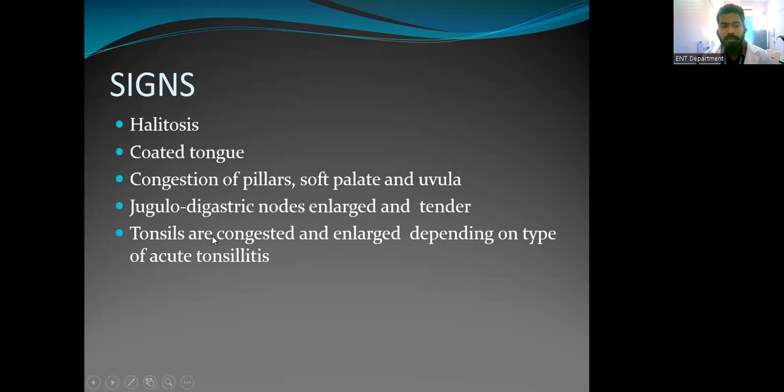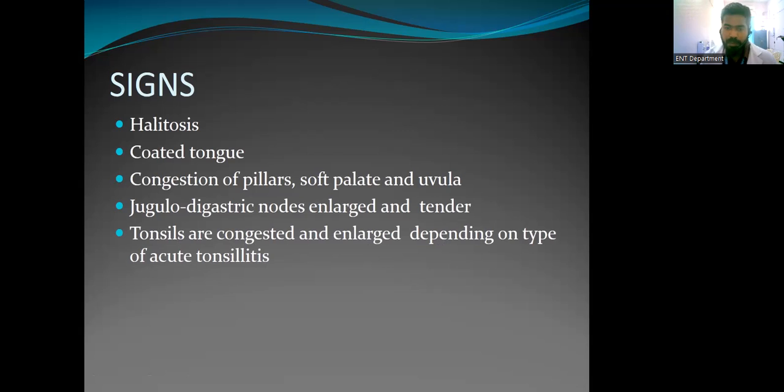Okay, so the tonsils. The tonsils are congested and enlarged depending on the type of the acute tonsillitis. When you look at the tonsils, they are definitely congested because there is an inflammation, and enlarged depending on the type. Like we said, there are 4 types, right?